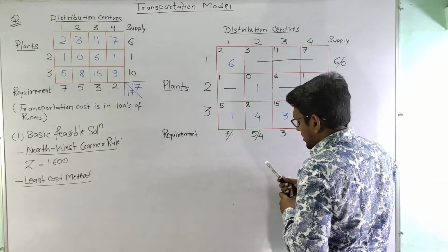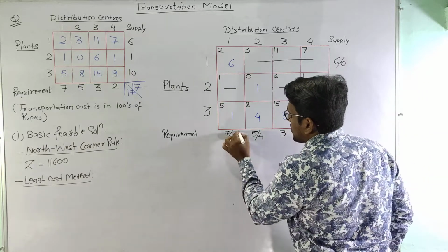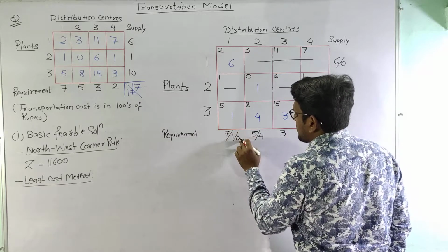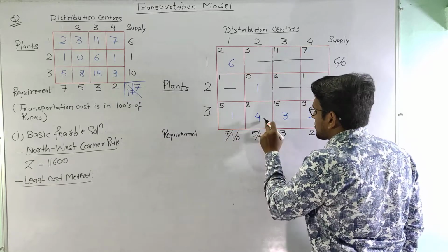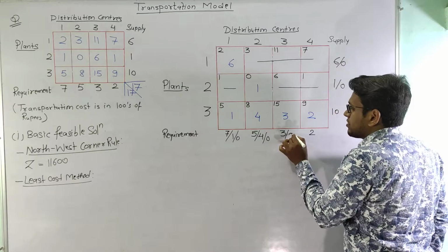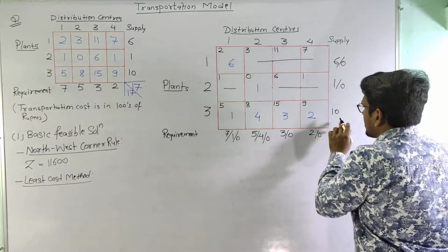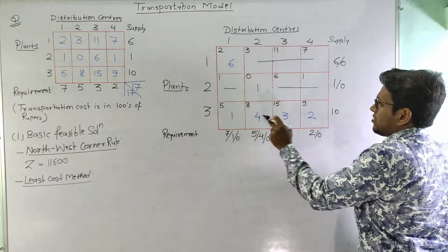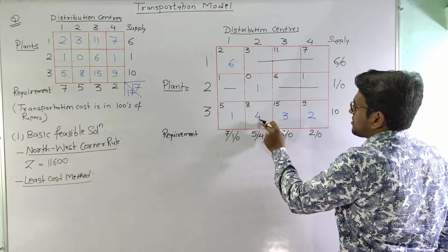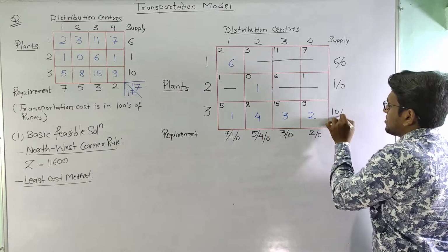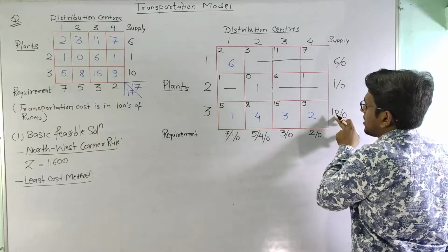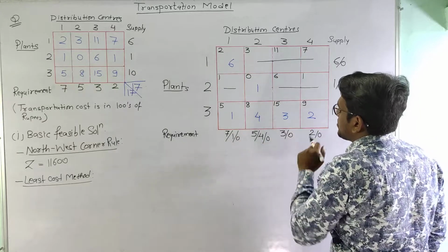After allocating this, we have 0 because 1 has been allocated, 0 because 4 has been allocated, 0 because 3 has been allocated, 0 because 2 has been allocated. Similarly, out of 10, 1 is allocated here, 4 is here, 3 is here, 2 is here. That means all the supply 10 has been distributed.